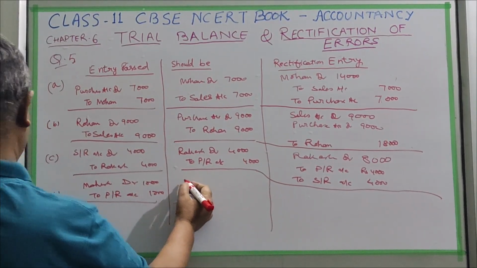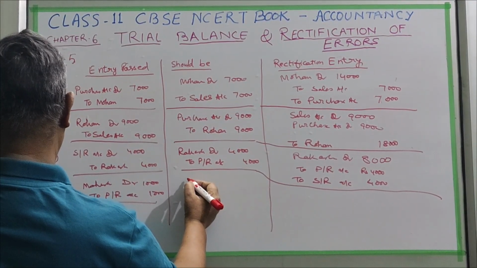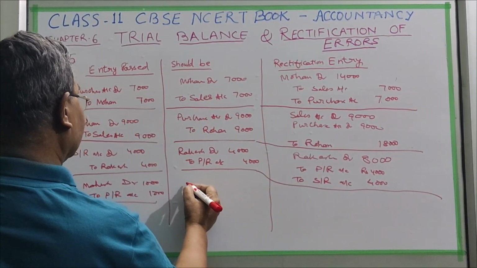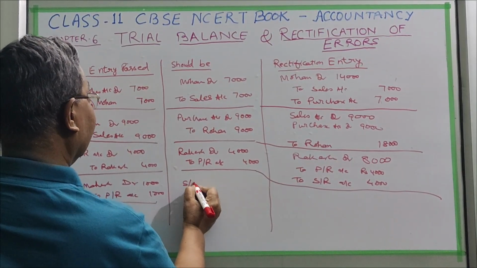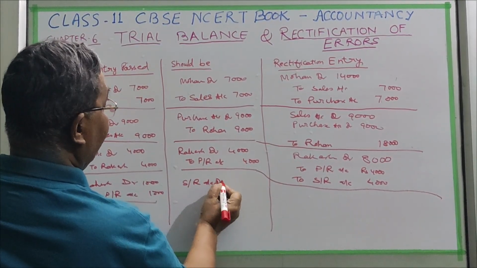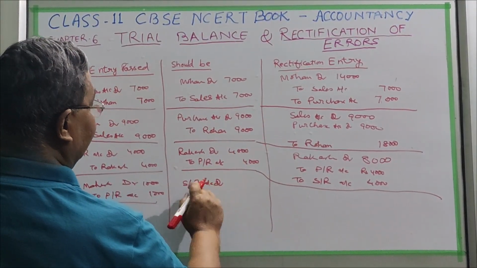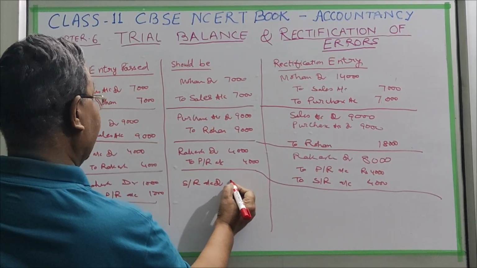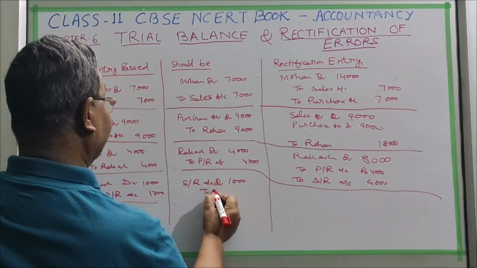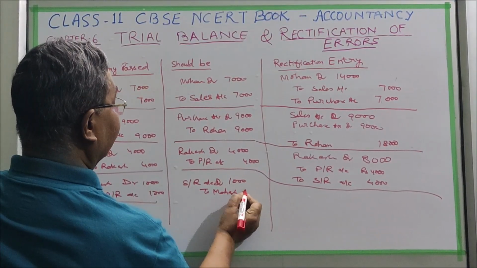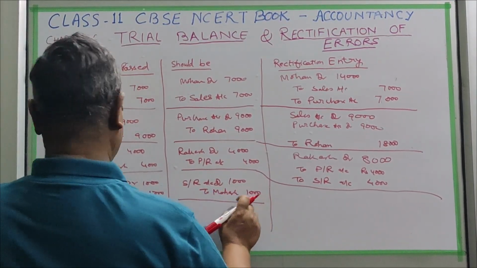And what should have been done? You should have written sales return account debit 1,000, because the sales you have made will come back. And to Mahesh, credit Mahesh, because he has returned the goods. Credit the giver.